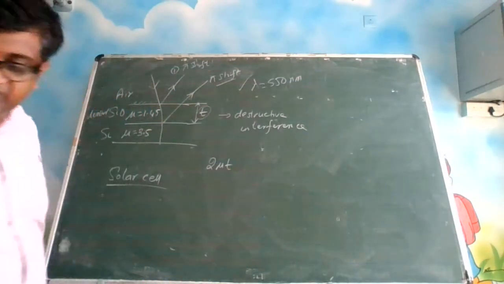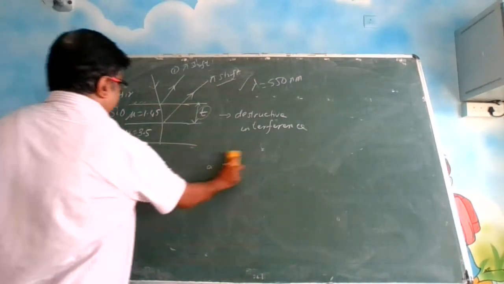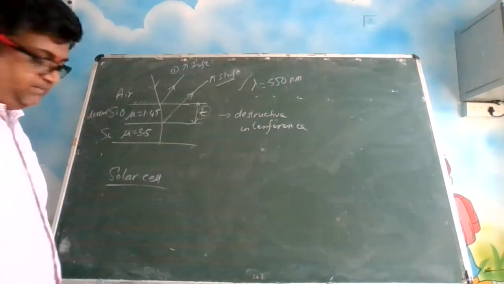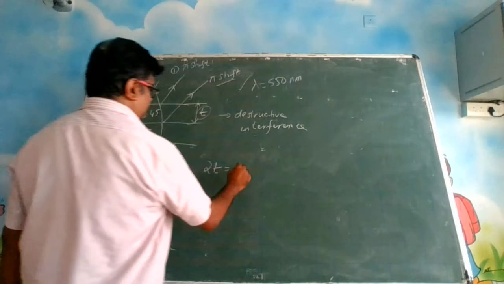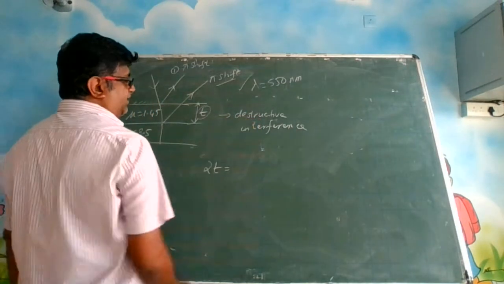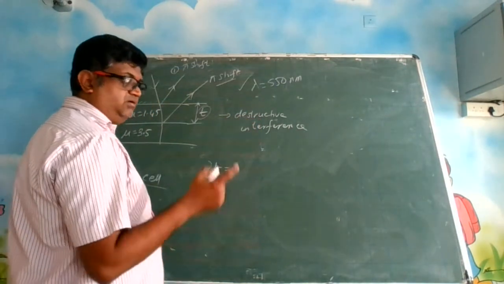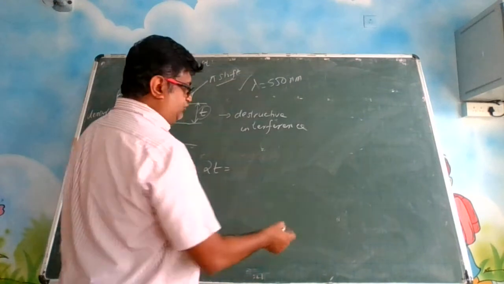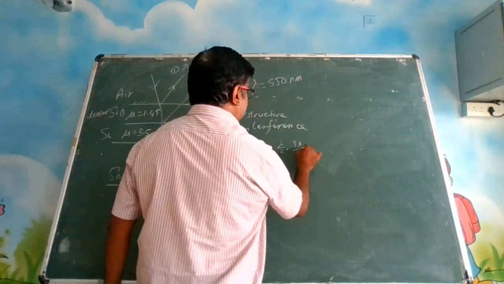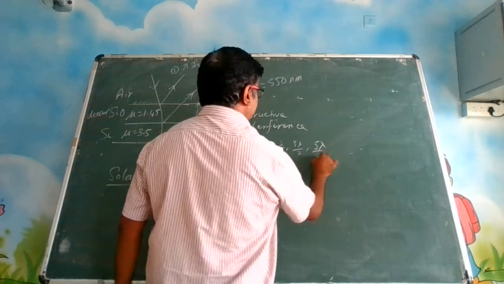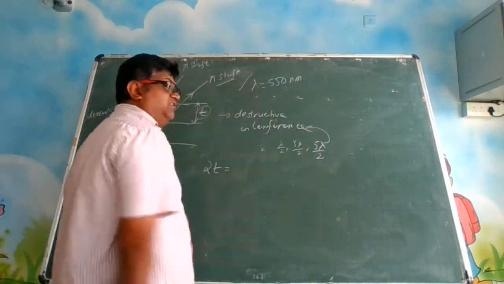2t was the path difference. And what was the original condition? For destructive interference, it has to be a fractional multiple, like lambda by 2, 3 lambda by 2, like that. This is your original condition for destructive, which we learned in the first classes.